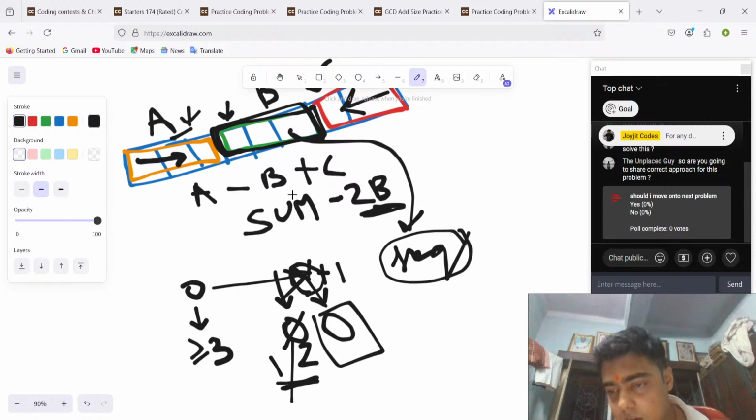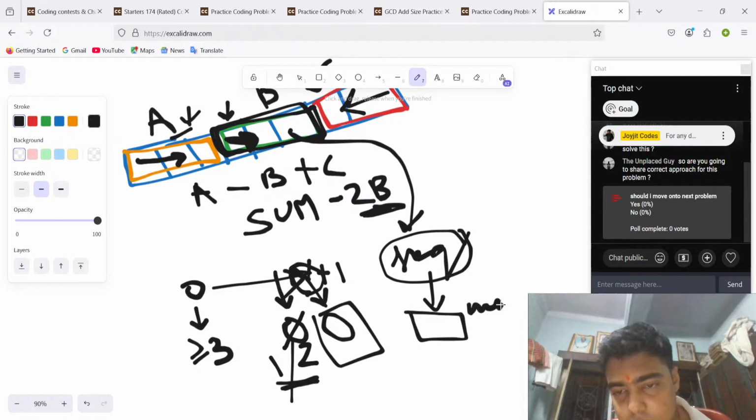Then one by one, using two pointers, or let's say you don't even need two pointers, go on removing elements from the left till you find that for any number between 1 and max, the frequency became 0. If it became 0, we can't remove it, right? So that is one of the approaches that you can do.